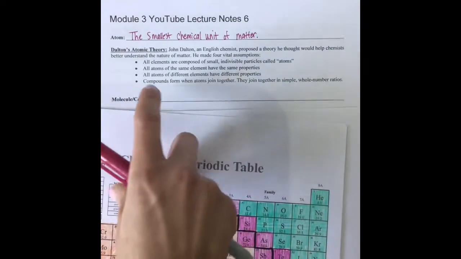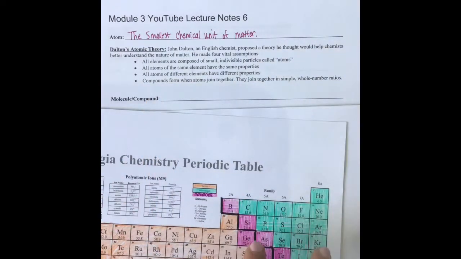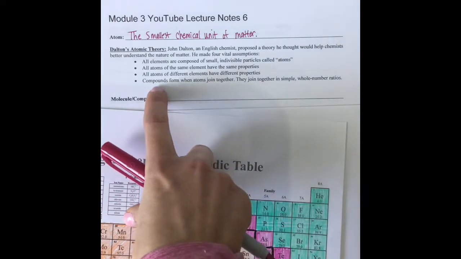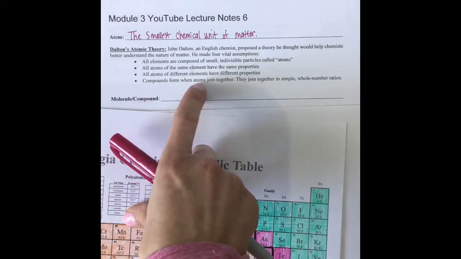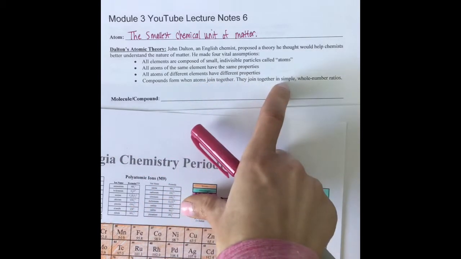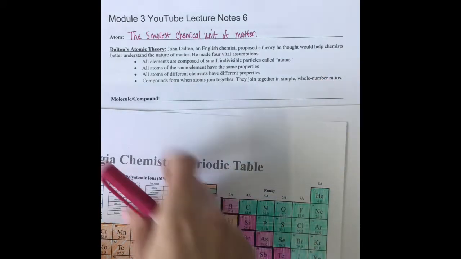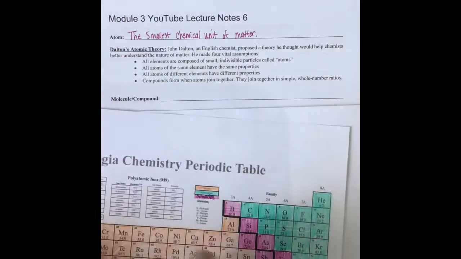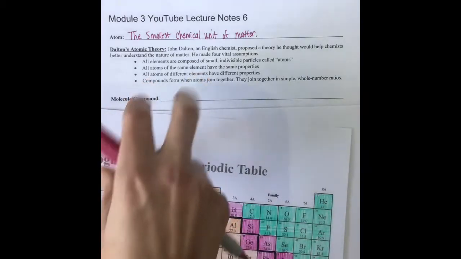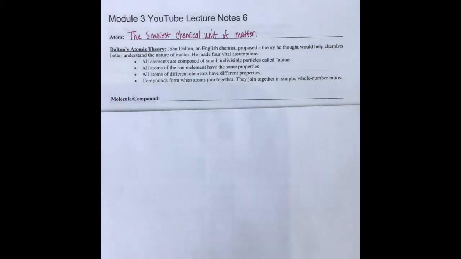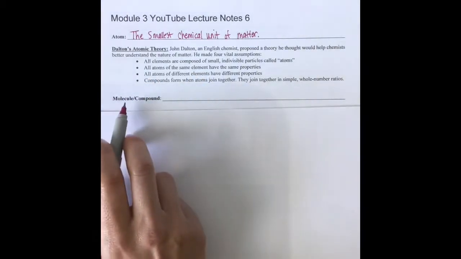And then the fourth one talks about what happens when atoms join together. So that would be a compound when one or more atoms join together. And they join together in whole number ratios. And we'll talk about that later on. But these 4 points are important to know and know how we're going to apply those here in this unit.